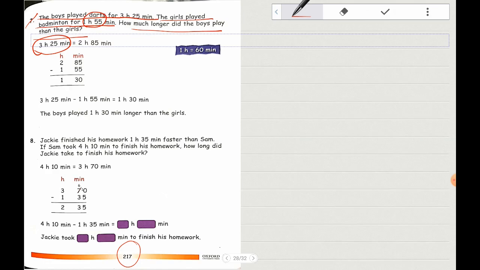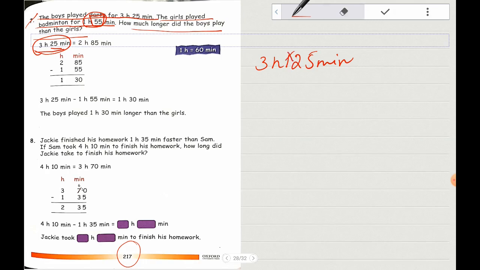But in this example, you can observe that the greater number has smaller minutes and the smaller number has greater minutes. So first you will change 3 hours 25 minutes into greater minutes. How will you change it? You will take 1 hour borrow from 3 hours 25 minutes. If you take 1 hour borrow, that will not become 125.